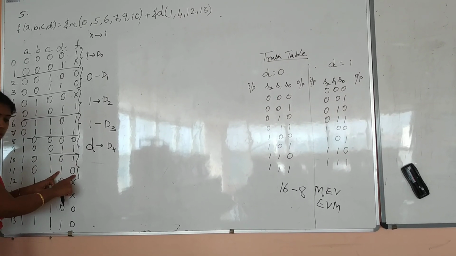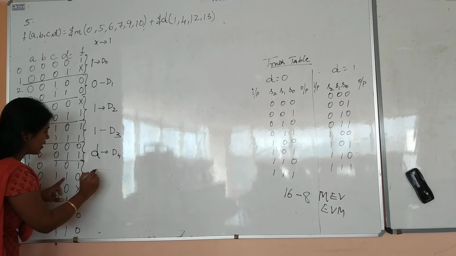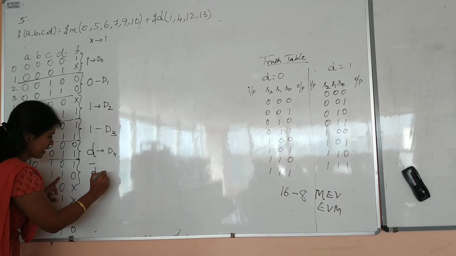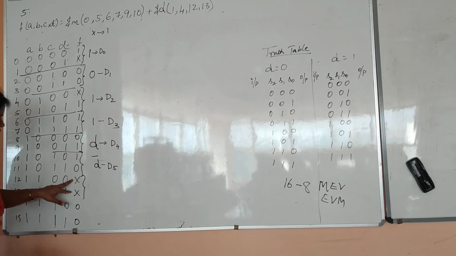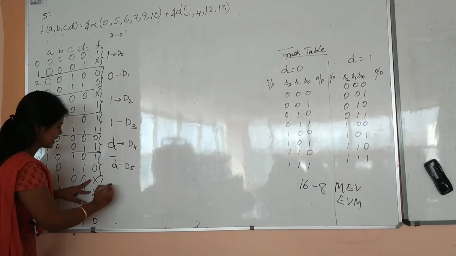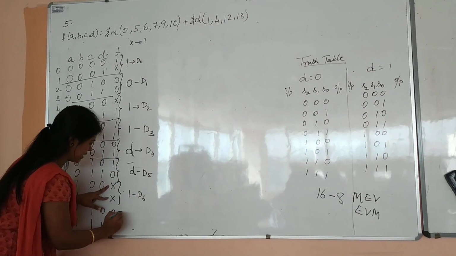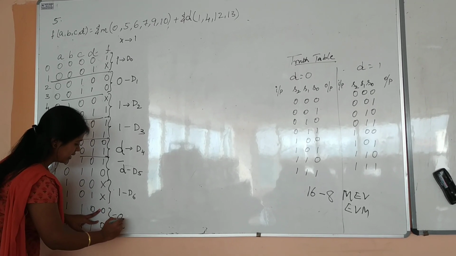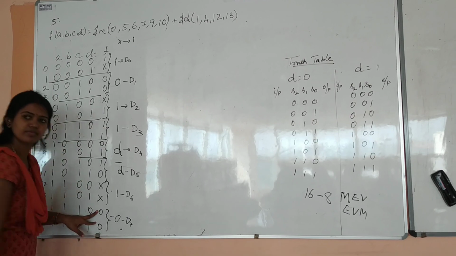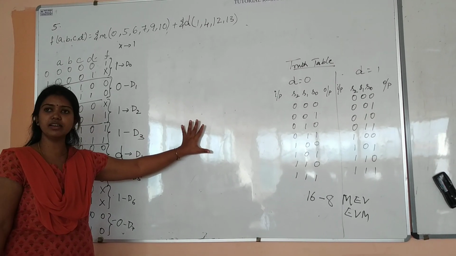When D is 1, output is 0. So what exactly are we getting? We are getting D bar. This will be your D5. Now tell me what these 2 will be? Yes, it will be 1 and this will be your D6, and this will be 0 and this will be your D7.